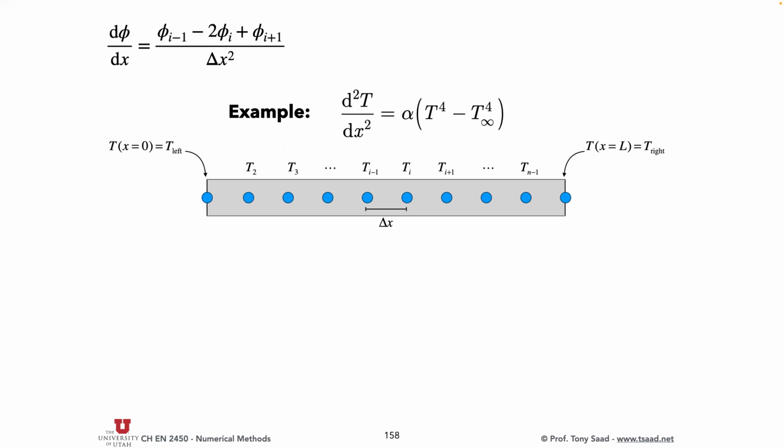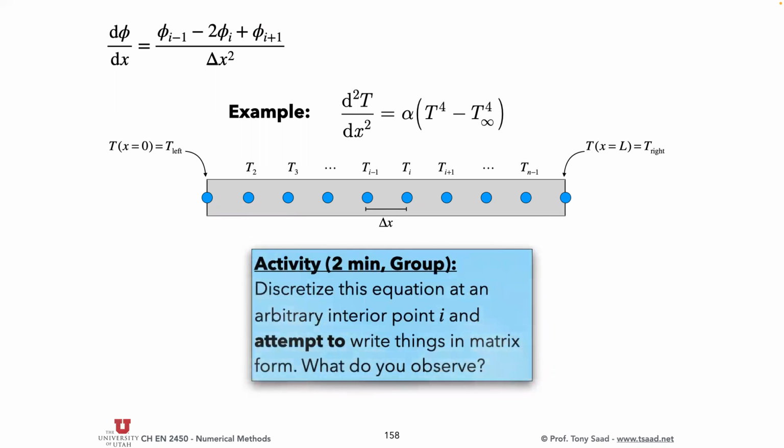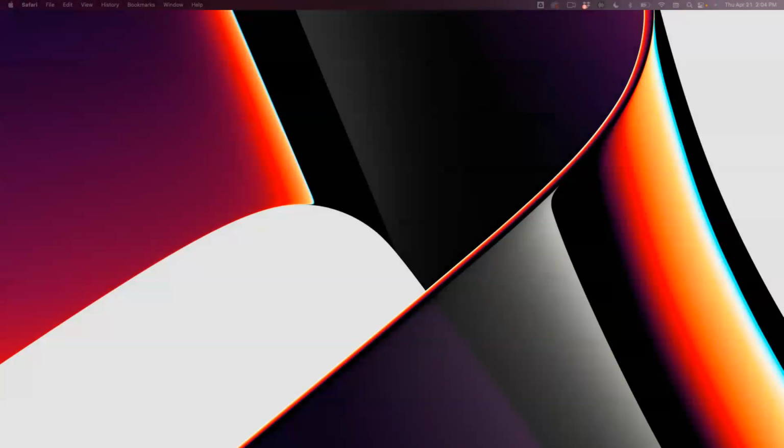The same technique applies, but the challenge here is to take this equation now and apply the methodology that we developed last time. So that's going to be your next few minutes. I recommend you work in groups and take your time. I want you to discretize this equation. Sorry, this should be a second derivative here.